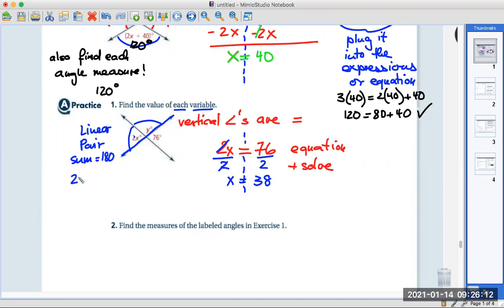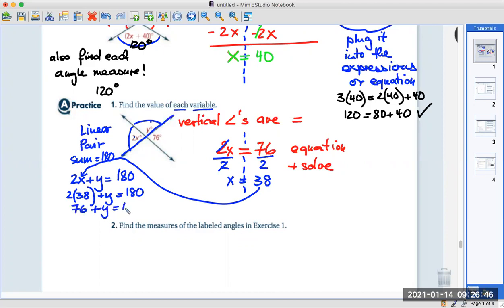So we would say 2x plus y is equal to 180. This angle plus this angle add up to a straight line. Okay, we know x is 38. We're going to plug that in here. It says 2 times x, so it's 2 times 38 plus y is equal to 180. 2 times 38 is 76, plus y is 180.